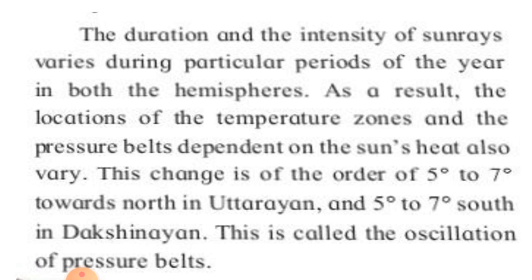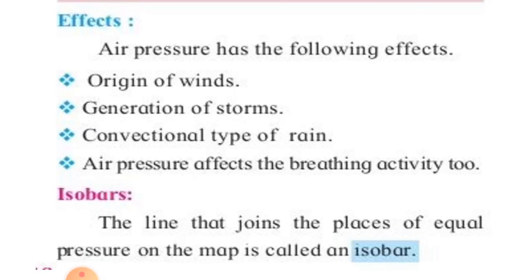pressure belts. Now let us learn what are the effects of air pressure. Dear students, air pressure has the following effects: origin of winds, generation of storms, convectional type of rain. Air pressure affects the breathing activity too.